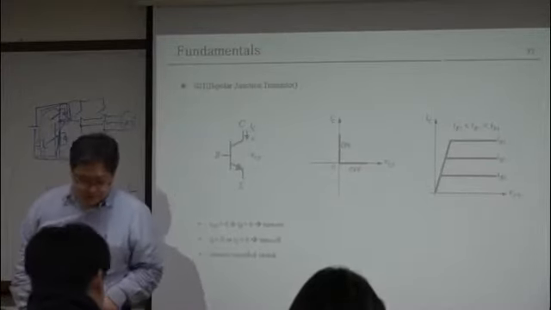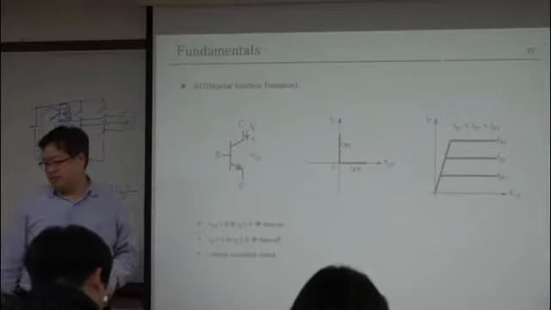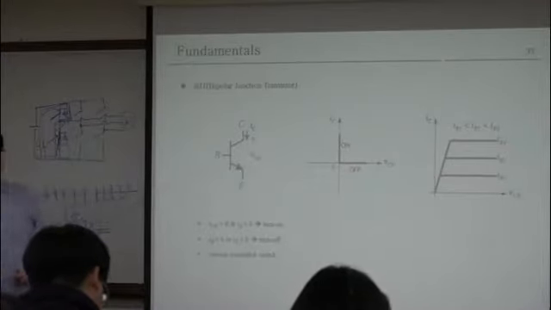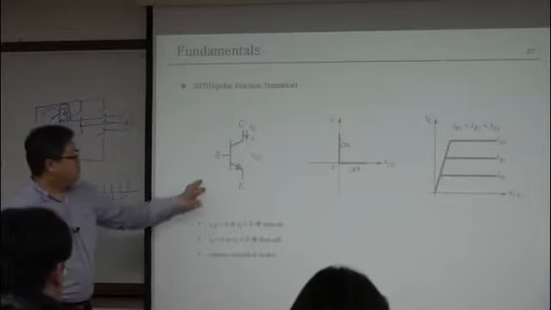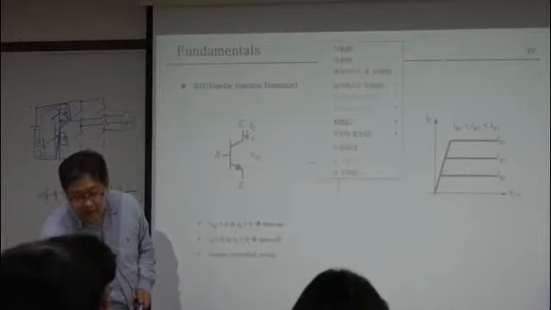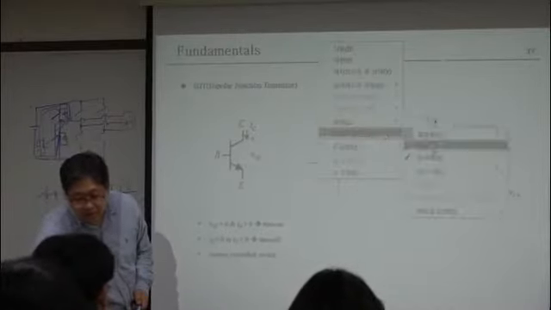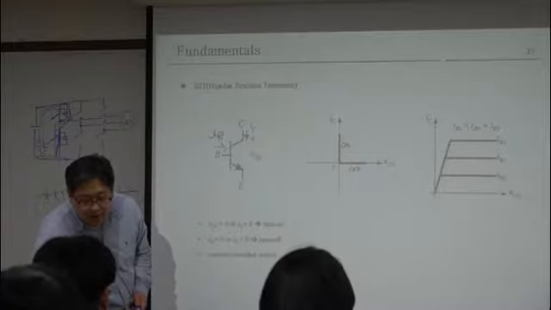BJT. Okay, although we really don't use BJT recently, I will simply review the characteristic of BJT. So let's define the current like this here. This current is I_B.